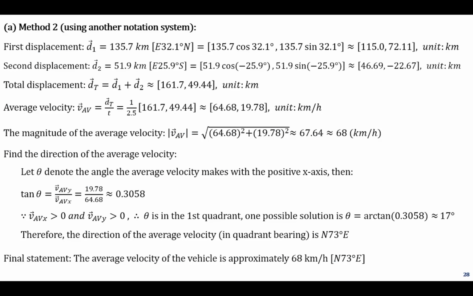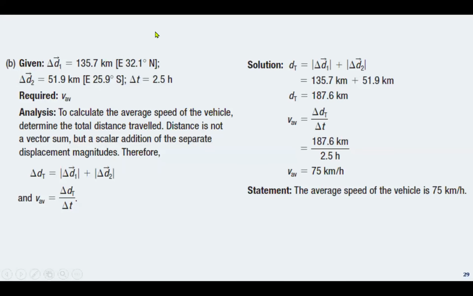Both of them have the solution 68 kilometers per hour and direction is 73 degrees east of north. Okay, if you have no questions, let's have a look at question B.